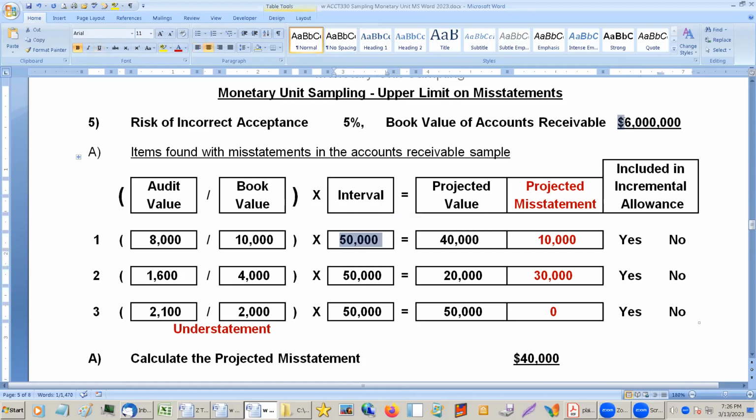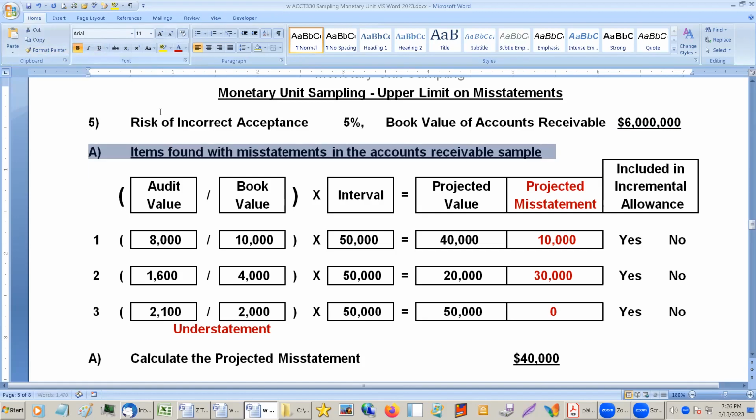And we split up that 6 million. So how many items must, now, these are the ones that we found that had misstatements. 120. That could be right. Yes, it's 120. So this would be a sample size. Sample size would be 120.